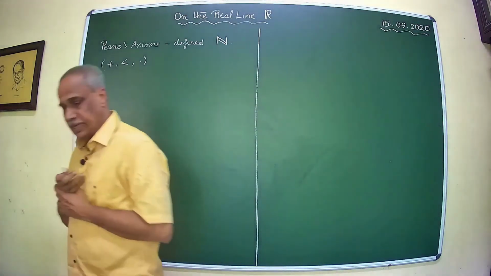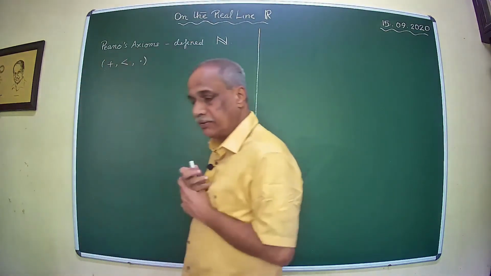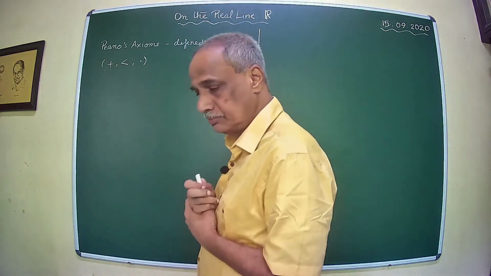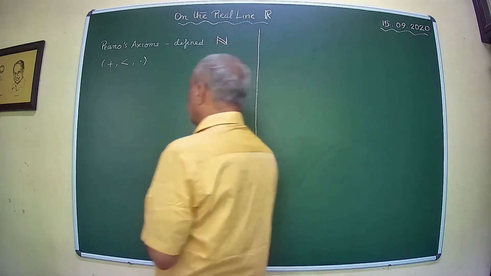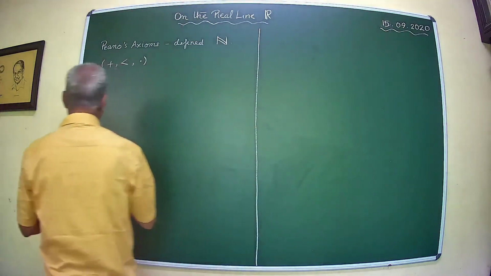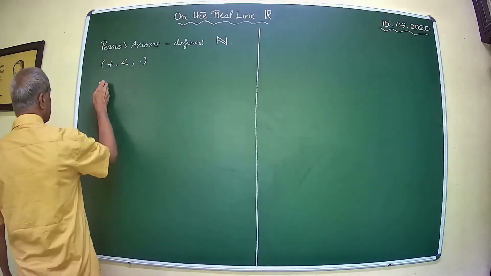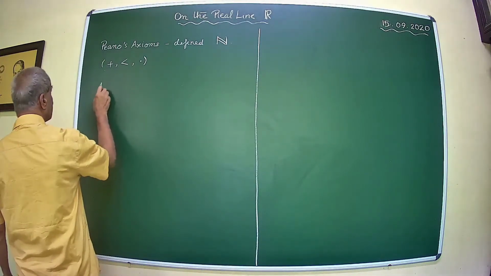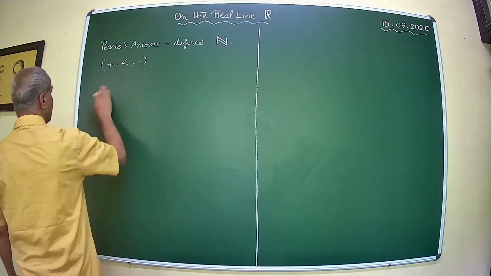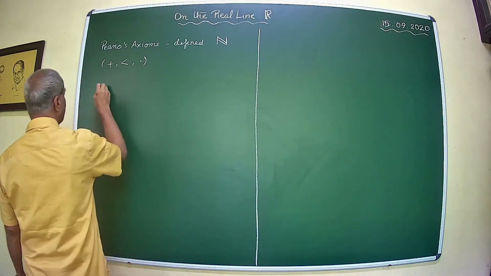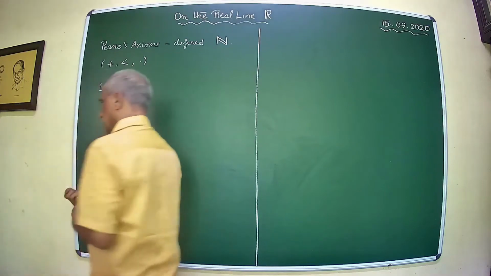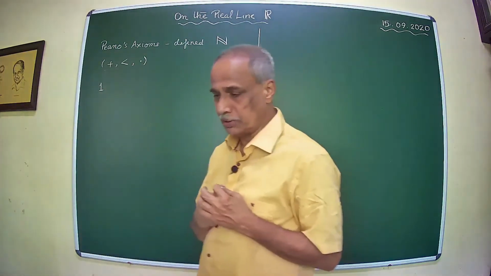In a nutshell, what have we observed? We observe the following structure, something very typical, working on N. The first property, that observation that we make, is the following.